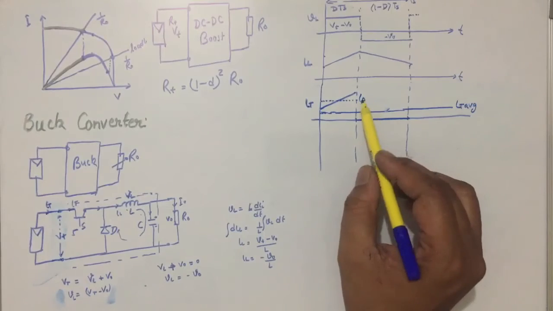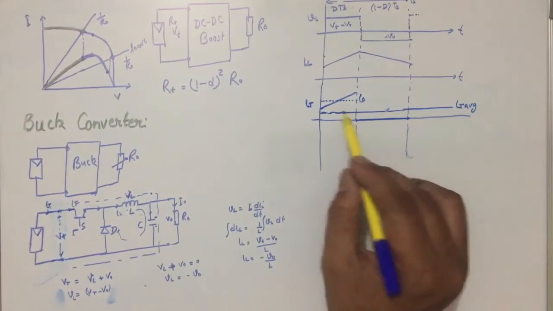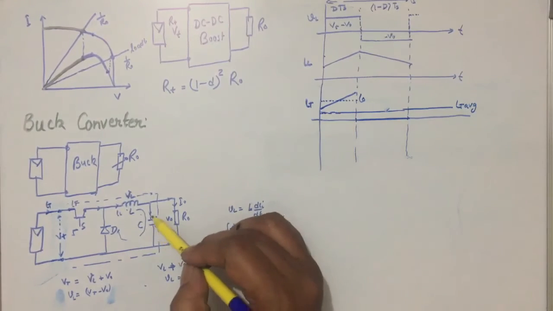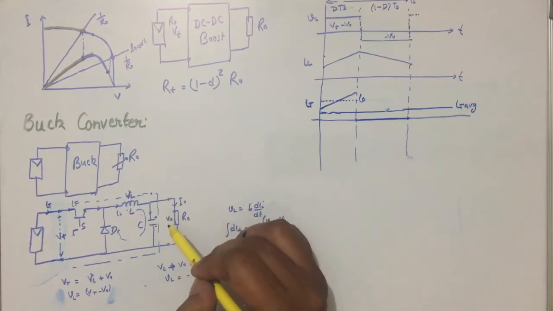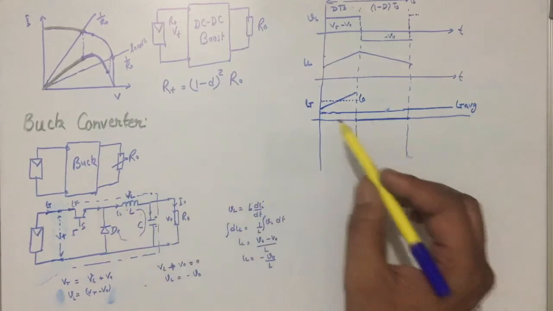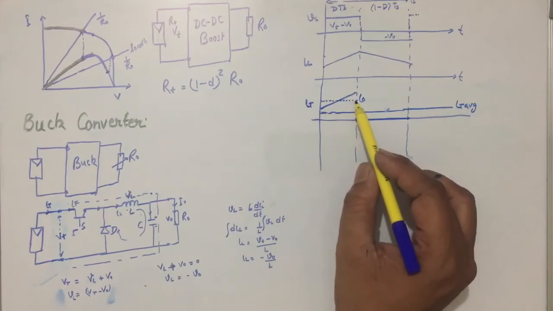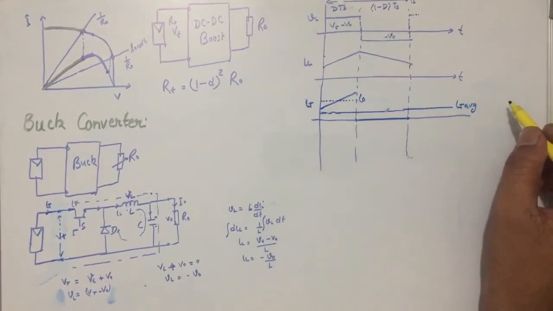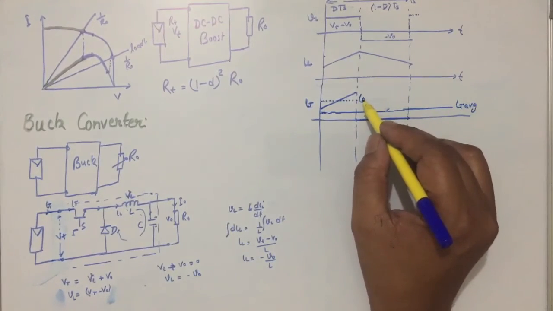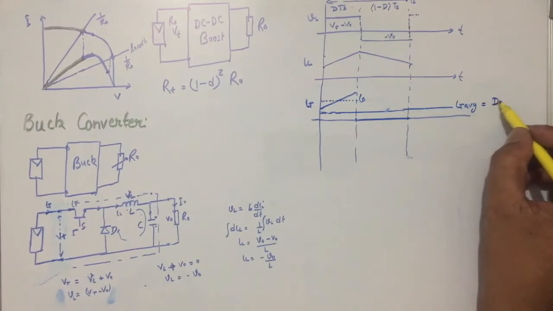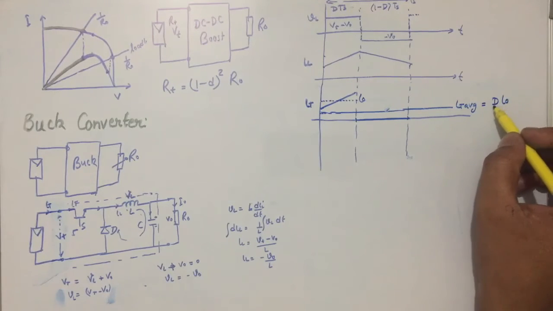If we talk about the average value of this, then the average of this will give us 0. However, the average of this current will be D times this current. So we can say IT average will be D times I naught, because this current exists only for this period.